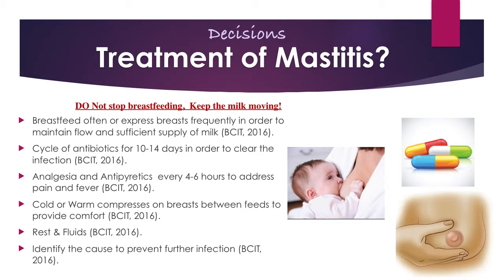Mothers may take analgesia and antipyretics every 4 to 6 hours as needed in order to address pain and fever. Cold or warm compresses may also be used to minimize discomfort. Finally, identifying the cause is vital to prevent further infections from occurring. For instance, perhaps it is the poor latch or the infant's feeding nature that is causing the infection.